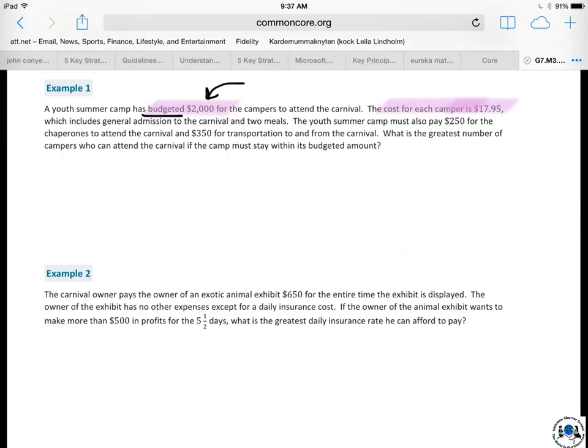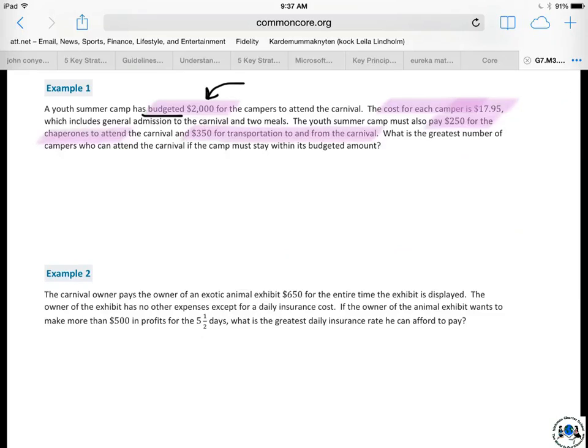That's per camper, so you can start to imagine what our variable will be, which includes general admission to the carnival and 2 meals. The youth summer camp must also pay $250 for the chaperones to attend the carnival, and then $350 for transportation to and from the carnival.